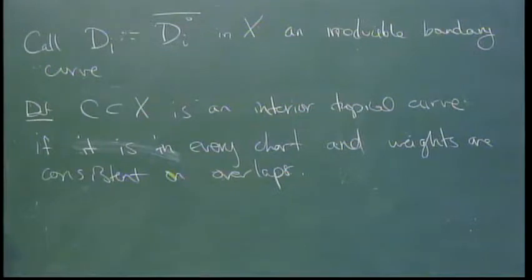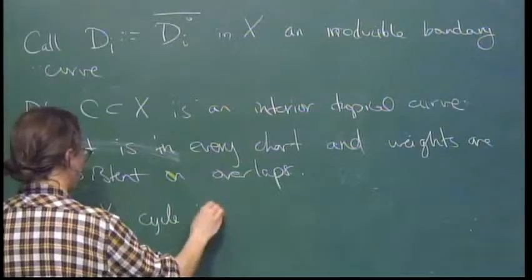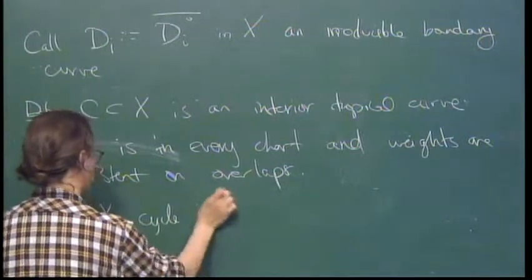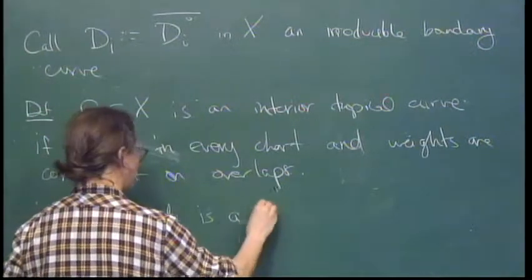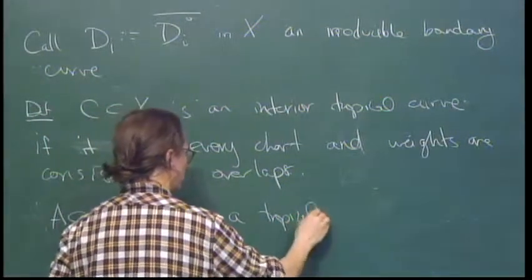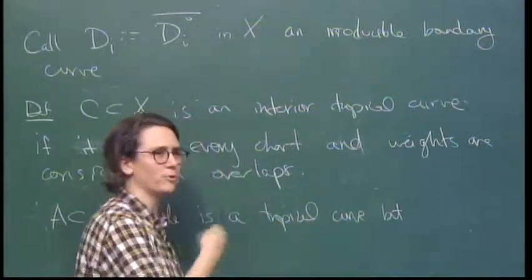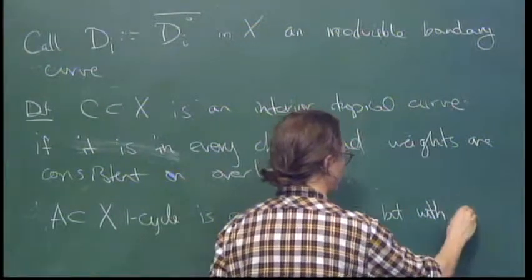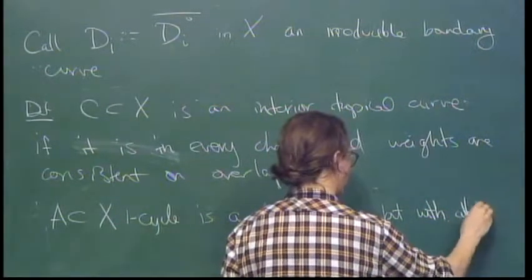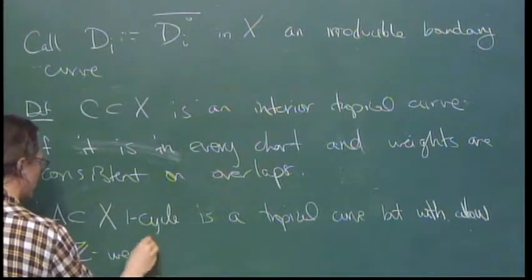Okay, so it's the same definition of one cycle. So let me cheat and just say it's more general than a tropical curve, but the only difference is that we allow integer weights on the edges.